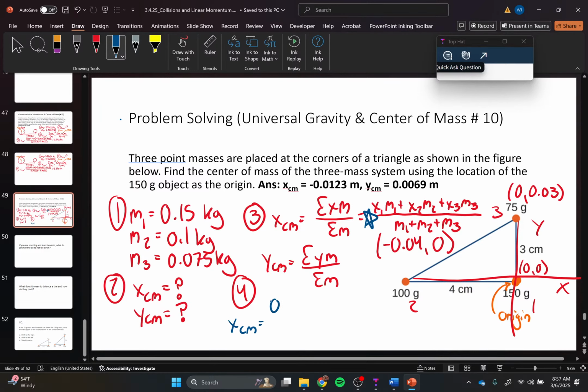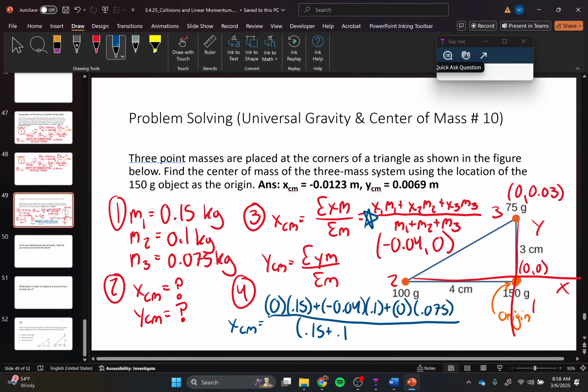It's going to be the X position of object 1 times its mass, plus the X position of object 2 times its mass, which is 0.1, plus the X position of object 3 times its mass, all divided by all the masses: 0.15 plus 0.1 plus 0.075.